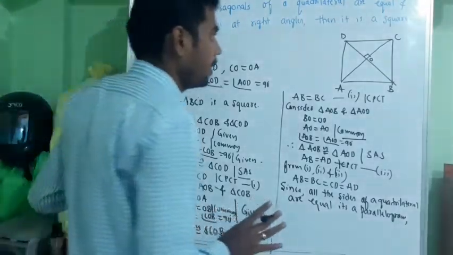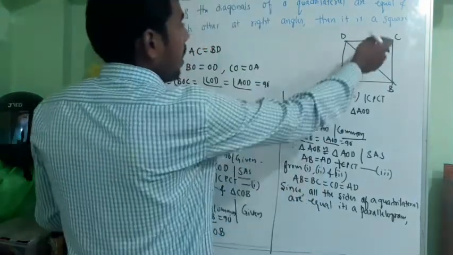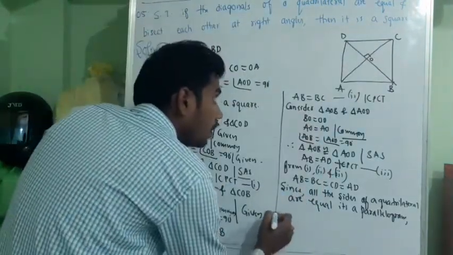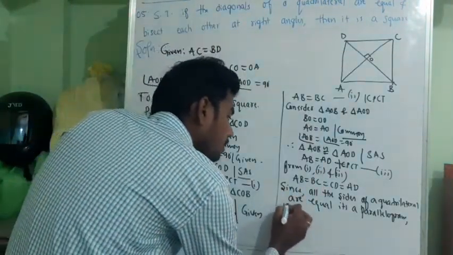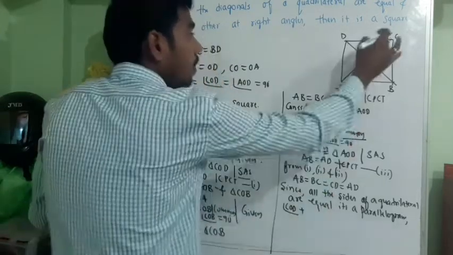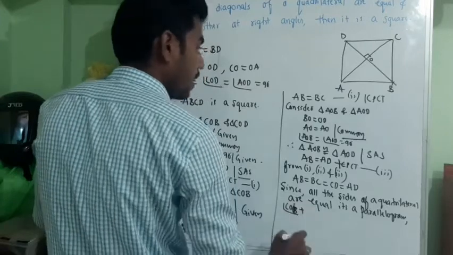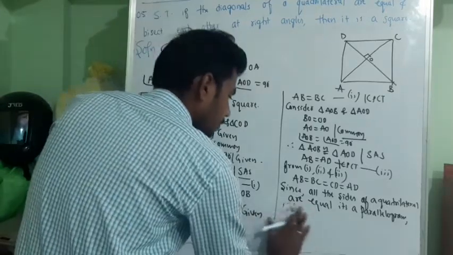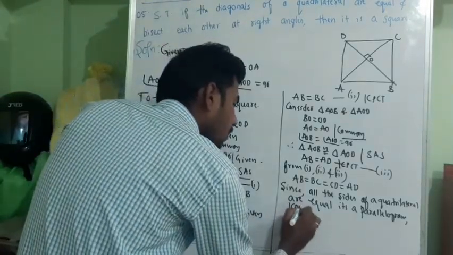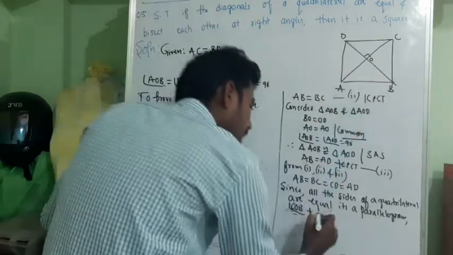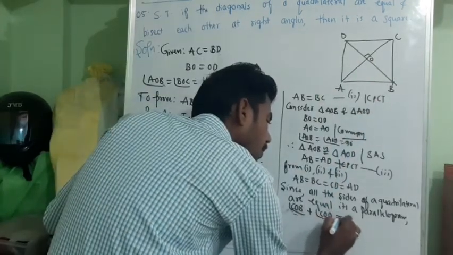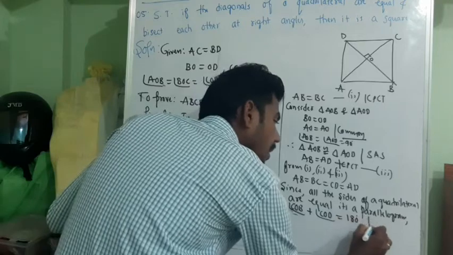So for that, what I do, angle COD plus angle COB is equal to 180 degrees because of linear pair.